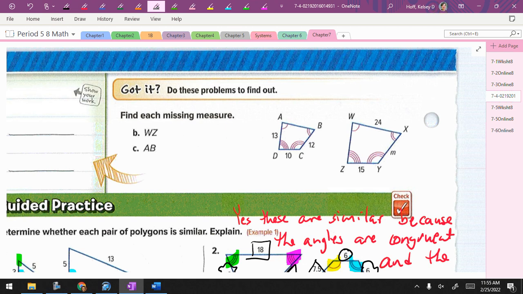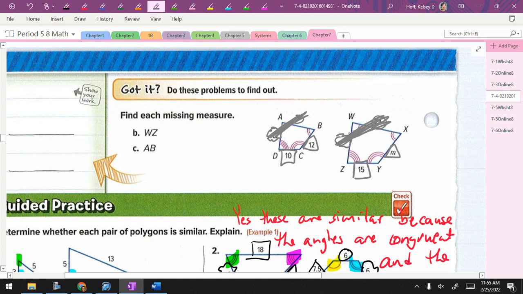Okay. 13 matches up with nothing. It's a blank space there, right? 10 matches up with 15. 12 matches up with M. And then technically 24 would match up here, but it doesn't have anything. So really 13 and 24 are useless to us, yes?